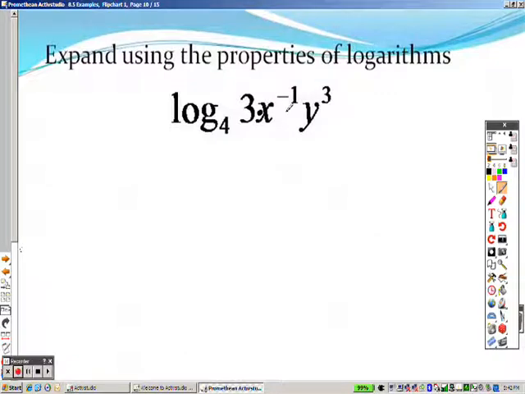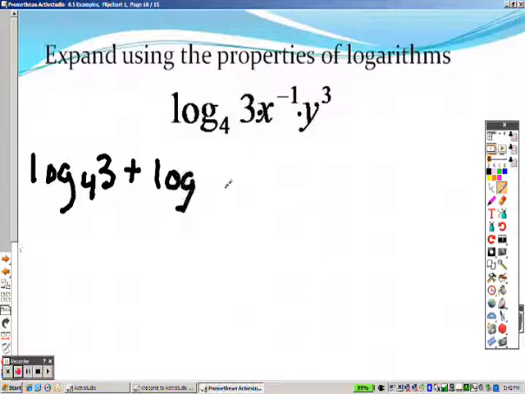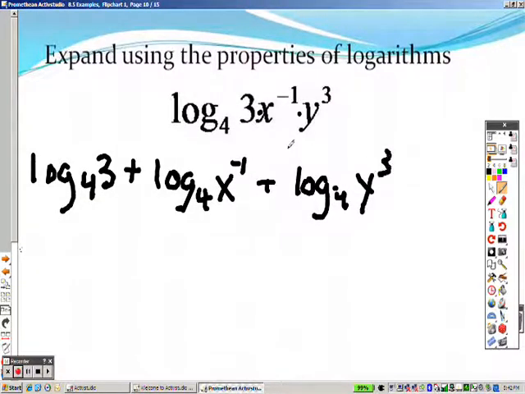With this one, it's multiplication and multiplication, so I can separate that with addition. So it'll be log base 4 3 plus log base 4 x to the negative 1 plus log base 4 y cubed. This has an exponent of negative 1, so I move that down.